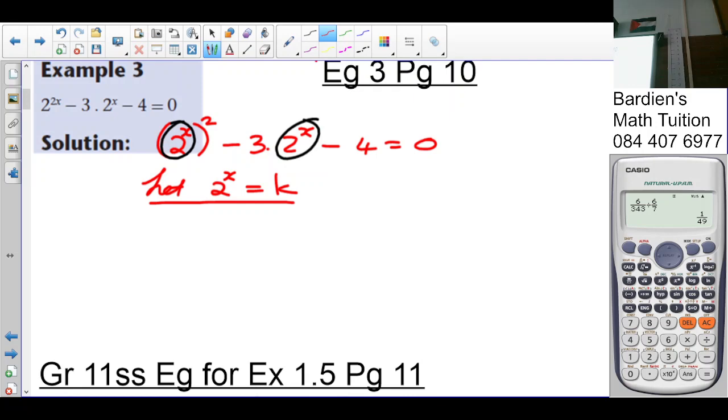So if 2 to the x is equal to k, what would the sum now be? K squared minus 3k minus 4 is equal to 0. So now we see a simple trinomial. Now, do we factorize a trinomial?